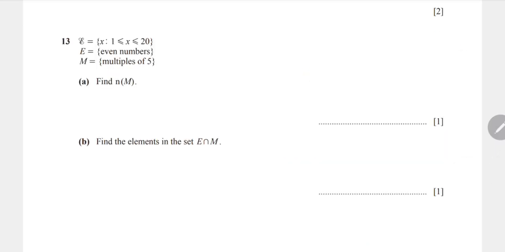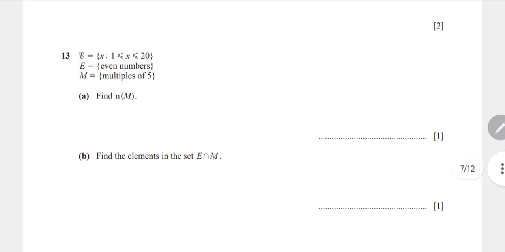Given a universal set x such that 1 is less than or equal to x, and x is less than or equal to 20. E is even numbers, M is multiples of 5. Find M. So M is multiples of 5.